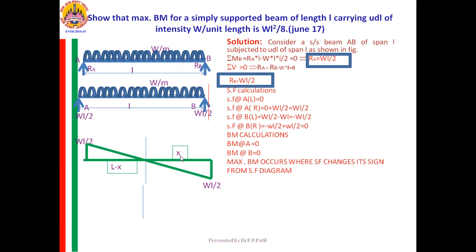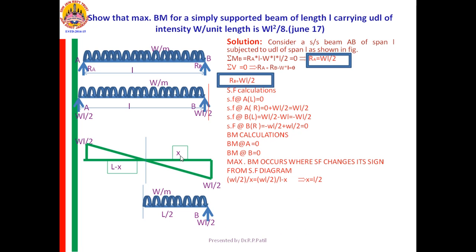Otherwise, take a section at a distance x, calculate the SF. Whatever the similar triangle property you are using, the only condition is that this variation should be a straight line variation. If it is a curve, you cannot use it. So from similar triangle property, assuming the distance x for bending moment.